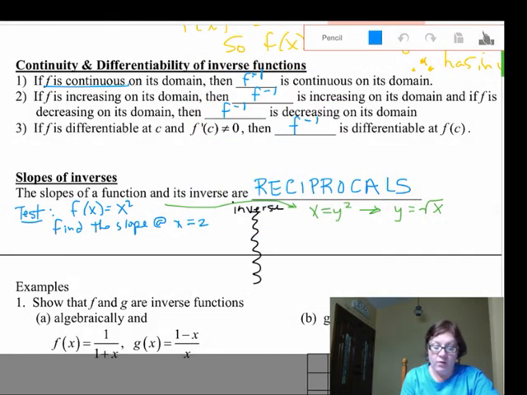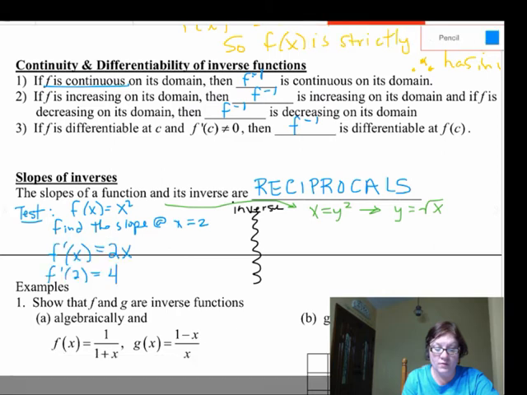All right, so now over here on the left side, I want to find the slope at x equals 2. So of course I have to first figure out the generic slope, which taking my first derivative is 2x. And so the slope at 2 is 4.